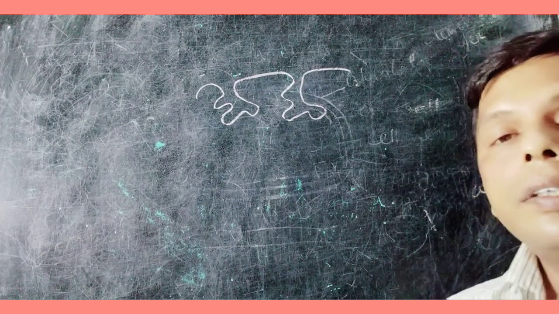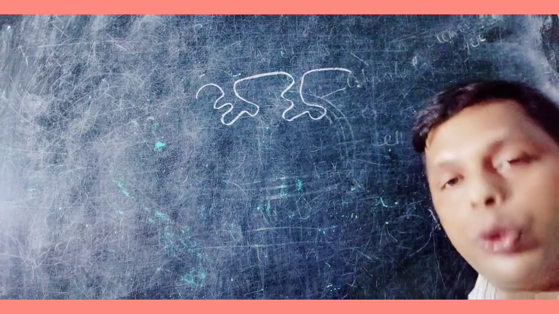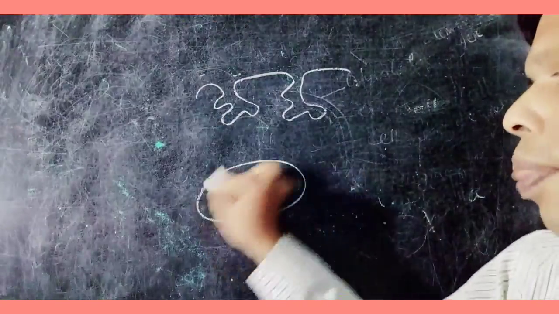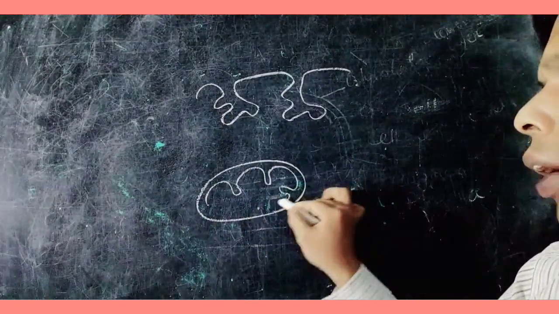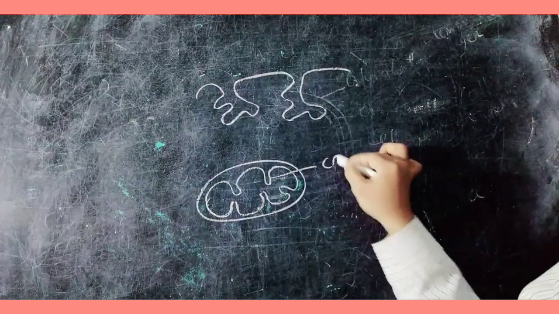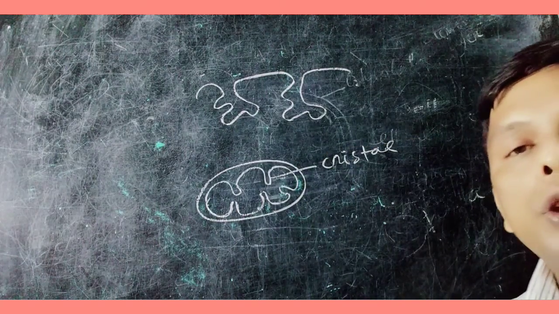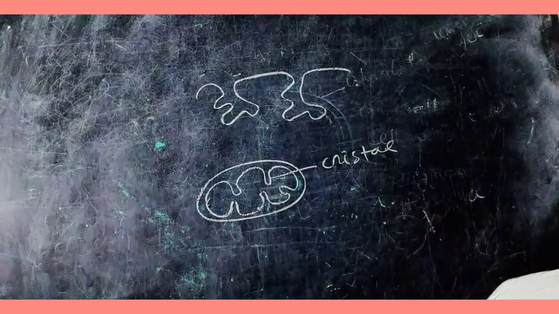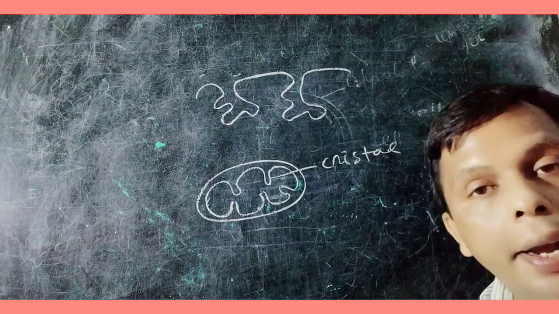We know the inner membrane of mitochondria is also folded like it. Suppose this is mitochondria. Its inner membrane is folded to produce cristae. These are cristae. What is the function of cristae? The cristae help in carrying out mitochondrial respiration, ATP synthesis.